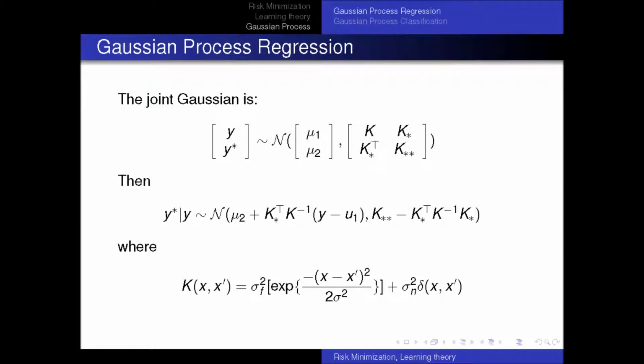Because the joint Gaussian follows this formula, we know that given all the data points and their label y, if we are given a new data point x star, the y star should follow a Gaussian distribution, and we know its mean and its variance.